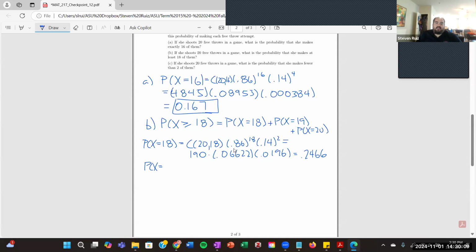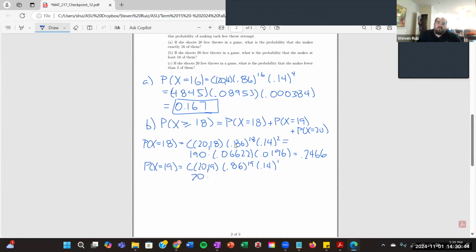What about the chances she makes 19? So that's 20 choose 19 times 0.86 to the 19 times 0.14 to the 1. I know from the way that combinations work that 20 choose 19 is the same as 20 choose 1, which is 20.